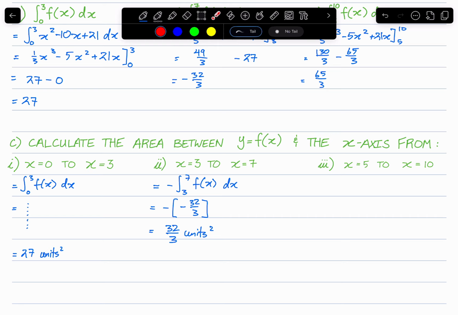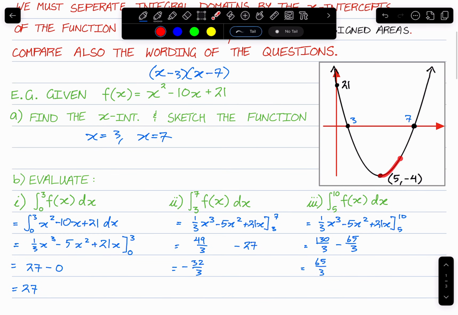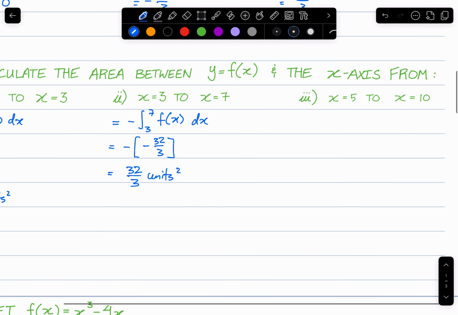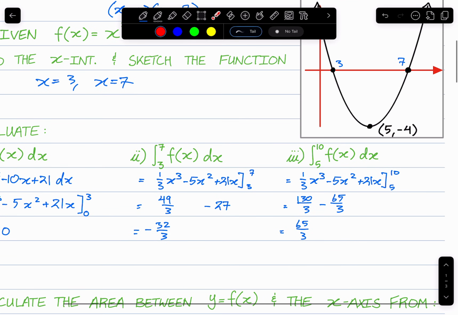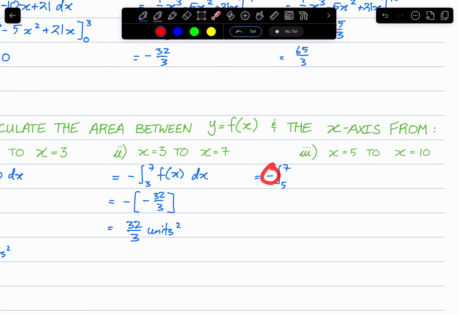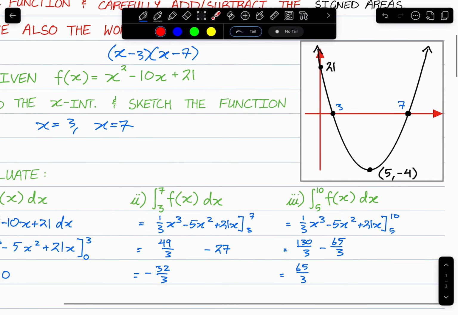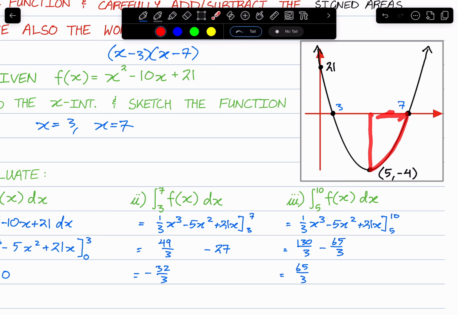Now as for this one, notice how it's going from 5 till 10, and this is crossing through an x-intercept. Because of this, we actually have to break this up. So this will become the definite integral of negative from 5 till 7. Notice how we're going from 5 till 7, and I made that a negative because we know the definite integral of this will give us a negative result.